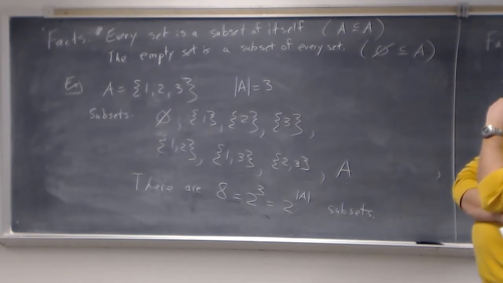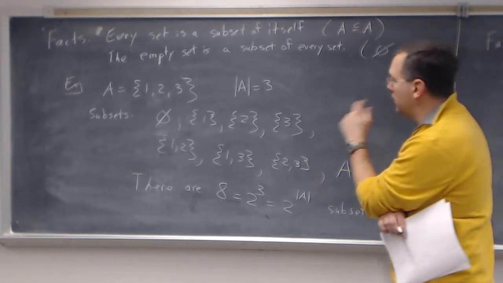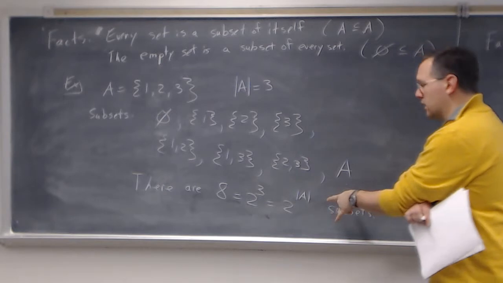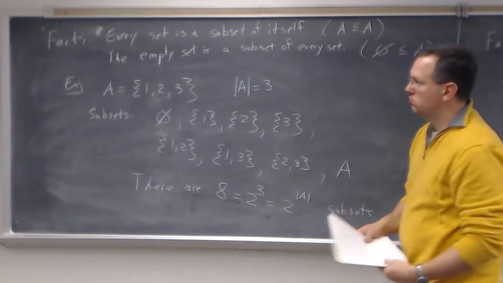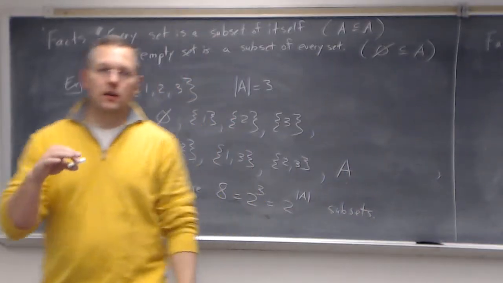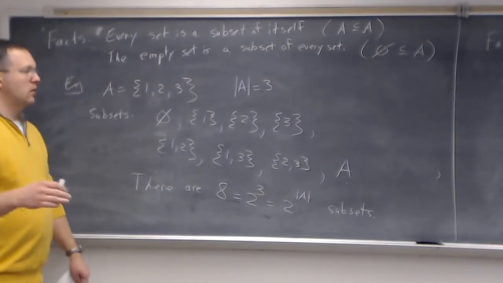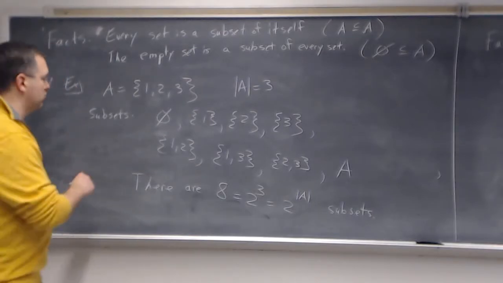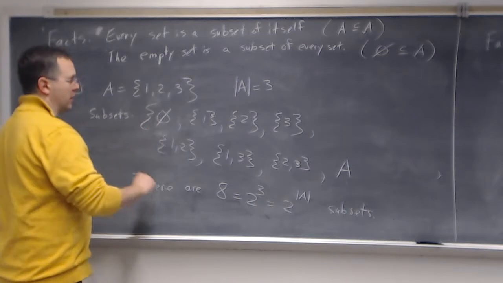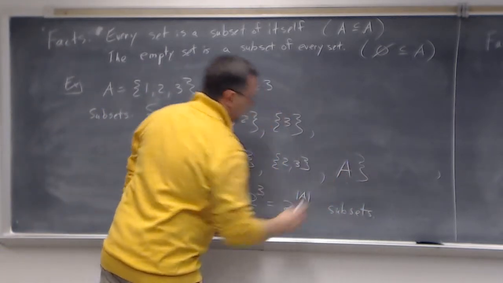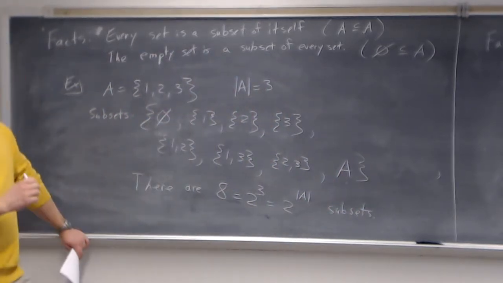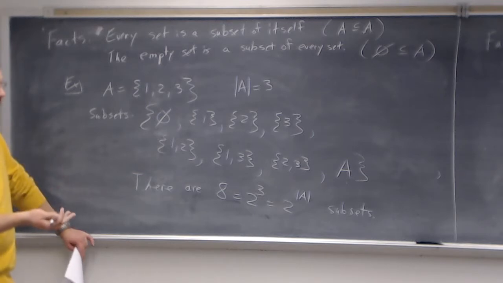So A is a set containing the elements 1, 2, and 3. How many subsets? We got 8. Right, here they are. What if I take all these subsets and put them in a set? That's pretty easy to do. There, did it. That's a new set.